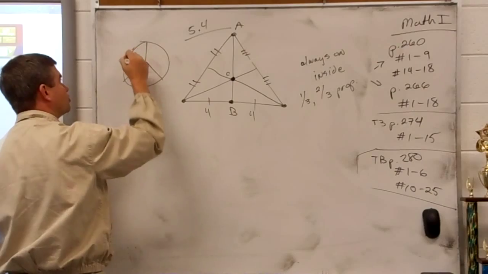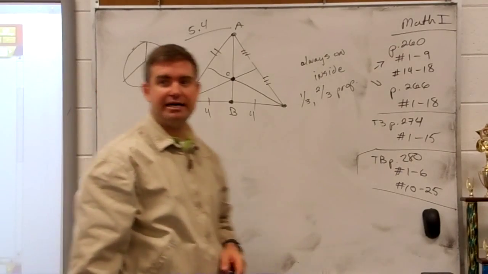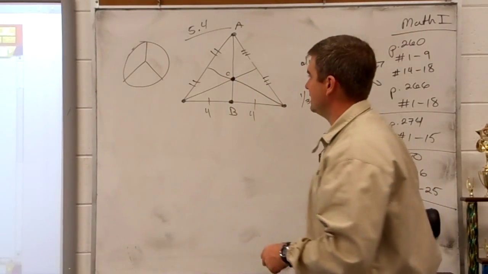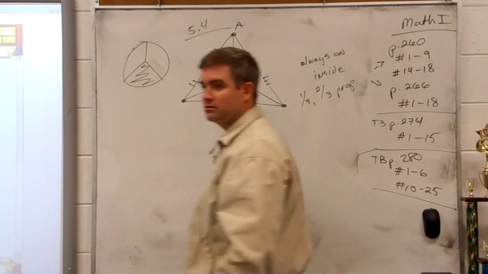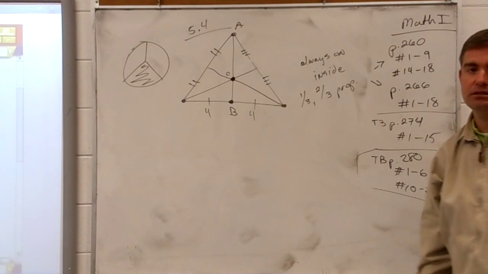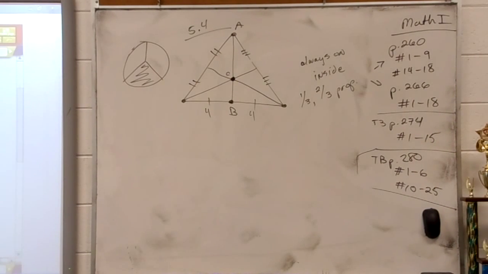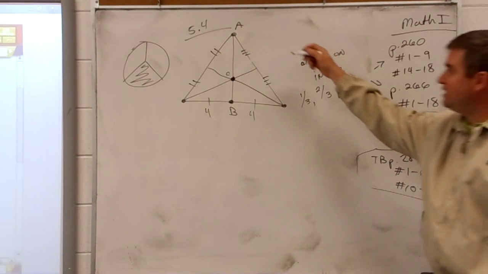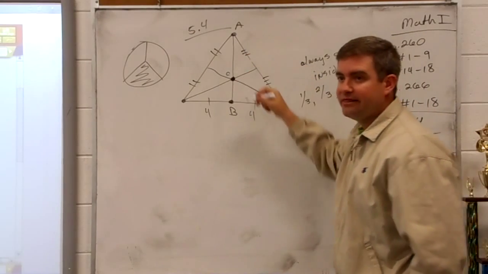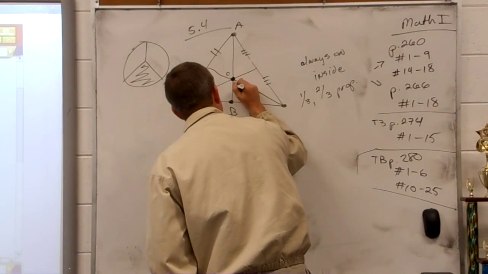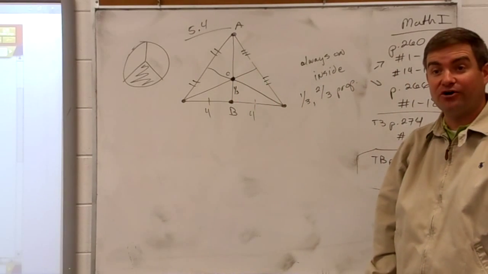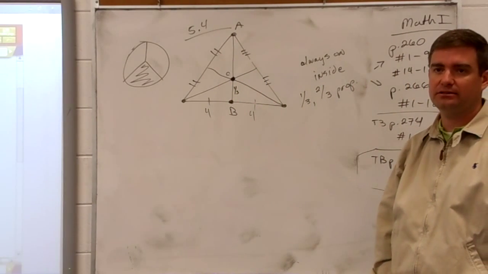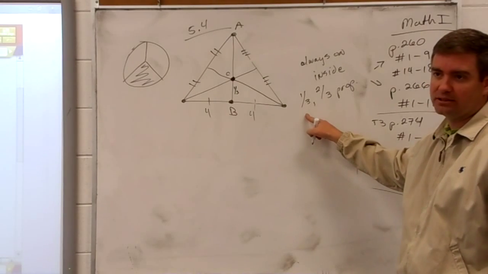If I have a circle like this and I cut it up in thirds, then I've got a third of the pizza right here. The centroid cuts this into thirds. This bottom piece down here, the shorter one, the one with the side, is always a third of the total distance. That's where the 1/3 comes in.